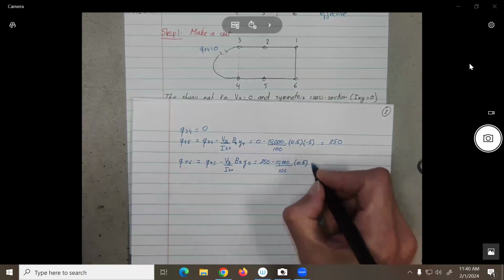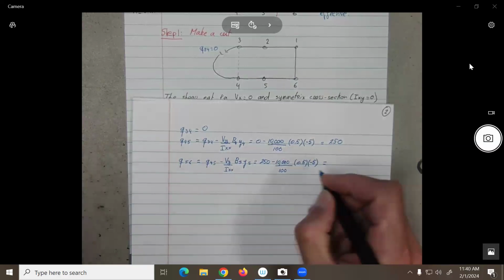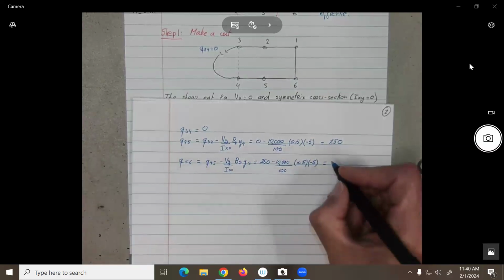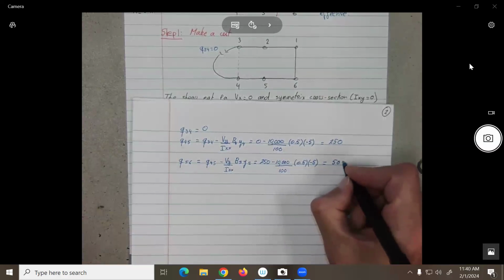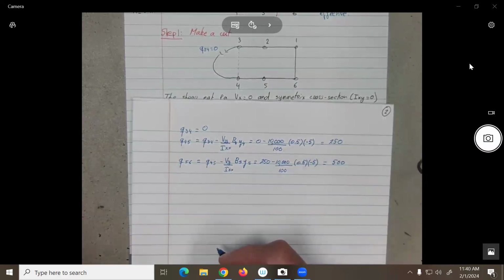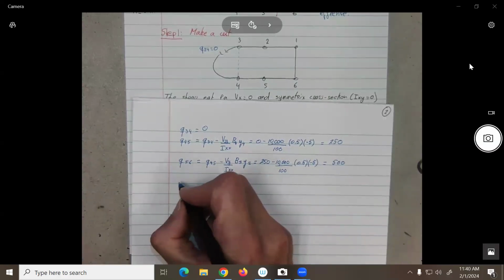And what would be Y5? -5. So basically we get exactly the same thing as before, but twice. So this will be equal to 500.